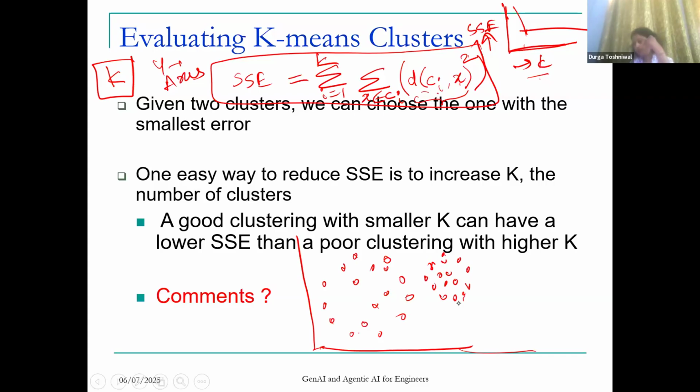Suppose this is the distribution of all the points in the data space.